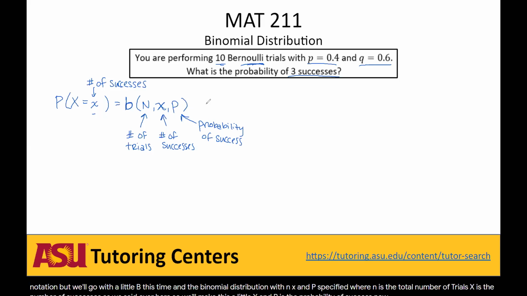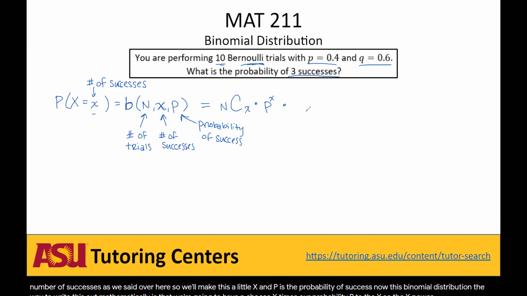Now, the way to write this binomial distribution out mathematically is n choose x, times our probability p to the x power, times a probability q, which I'll tell you what that is in a second, to the n minus x power.